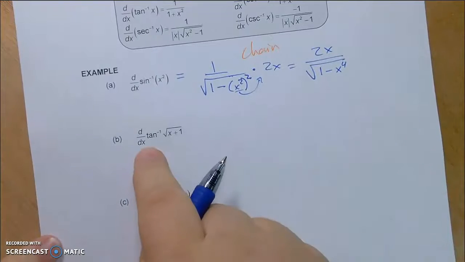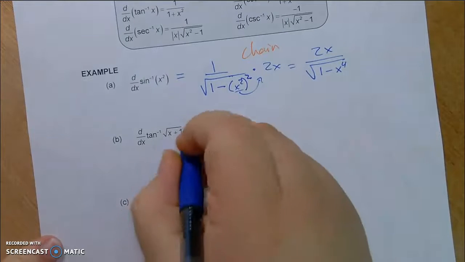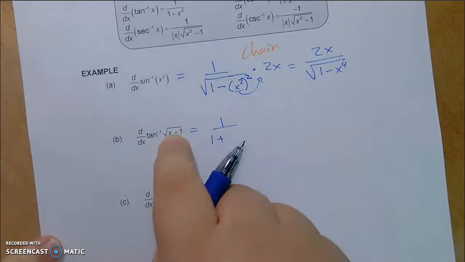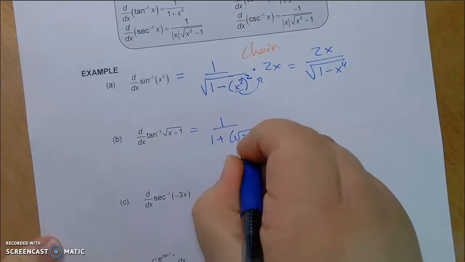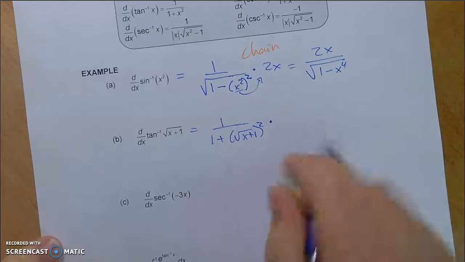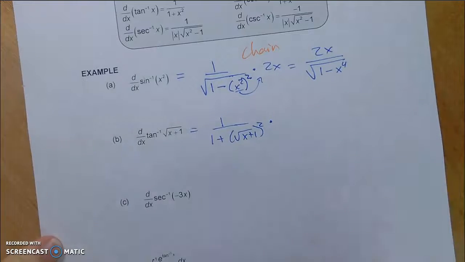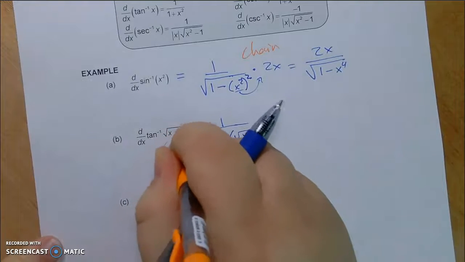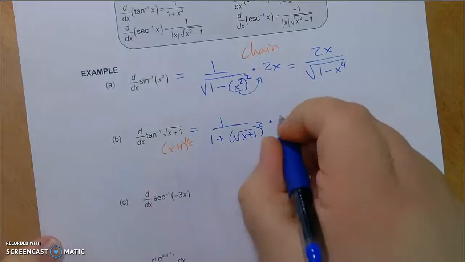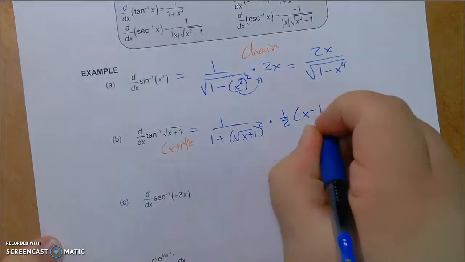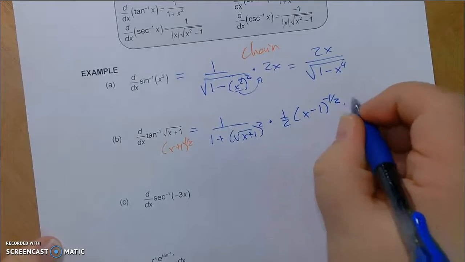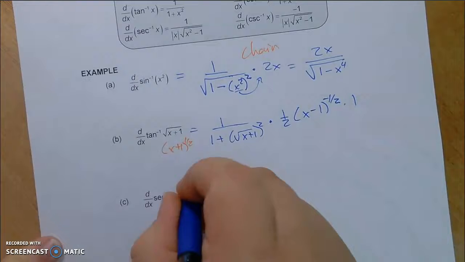Tangent. 1 over 1 plus this squared. So the square root of x plus 1, squared, times the derivative of this inside. Well, the inside function looks like that. So you have 1/2 times x minus 1 to the negative 1/2. If we did chain rule here, we'd get a 1. So we're done with that.